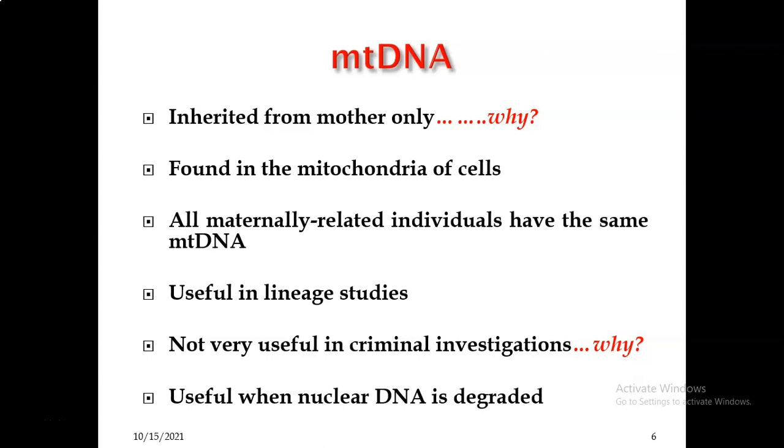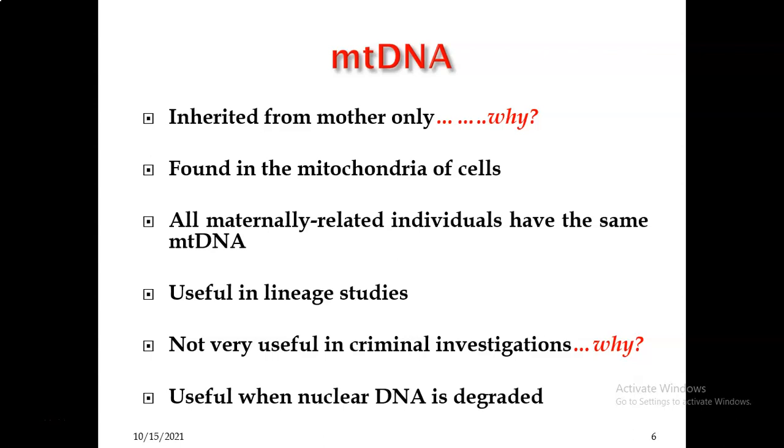Because there's a possibility that the individual that we are pinpointing it to didn't leave the sample at the crime scene, but another person coming from the same maternal line as our suspect did. So now our suspect becomes each and every one from the same maternal line as our initial suspect, and not just a single person.